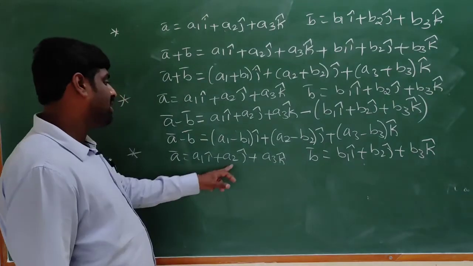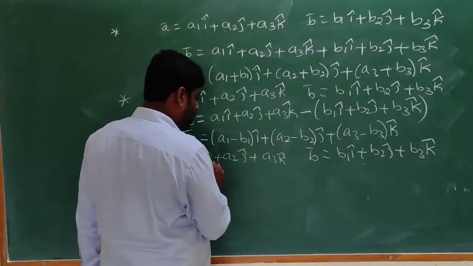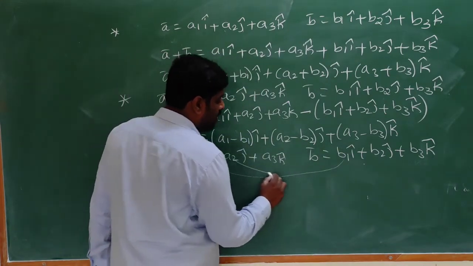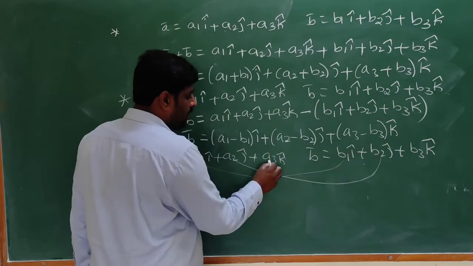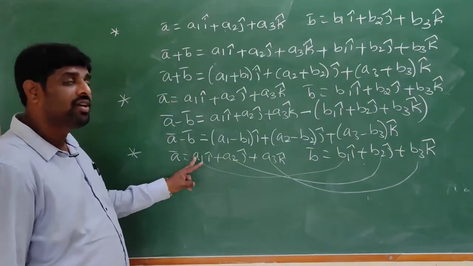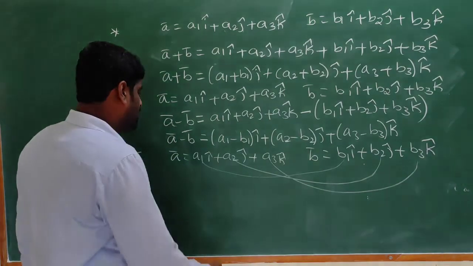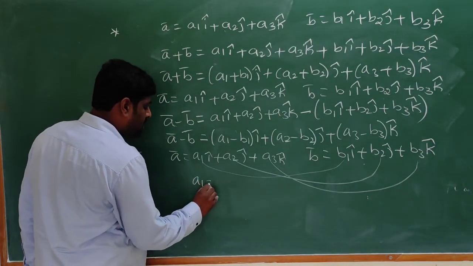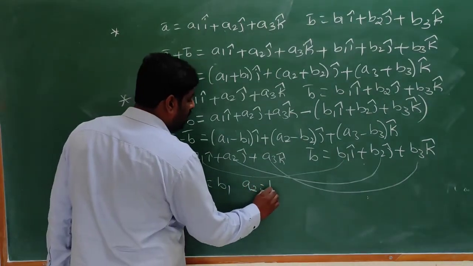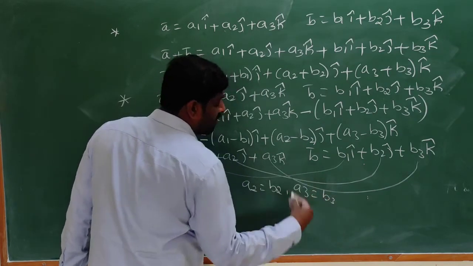If any two vectors are equal, then corresponding elements are equal. That means A1 is equal to B1, A2 is equal to B2, A3 is equal to B3.